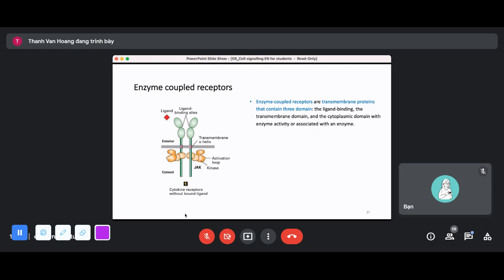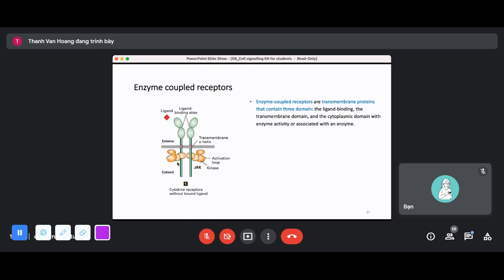Why do people call it an enzyme coupled receptor? If you remember the G protein coupled receptor, when the receptor binds to the ligand, the receptor interacts with and activates the G protein. Here is a similar thing. When the ligand binds to its receptor, a part of the receptor is an enzyme itself.